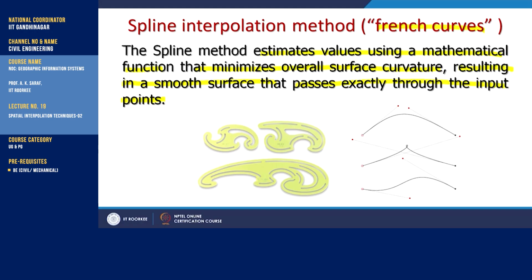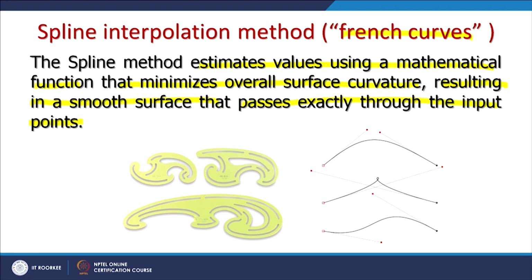They used to be made of acrylic sheets or wooden sheets. So, what the spline is doing is minimizing overall surface curvature and creating a smooth surface. Here we are seeing it in 2D, but this is how a smooth surface can be created here also.